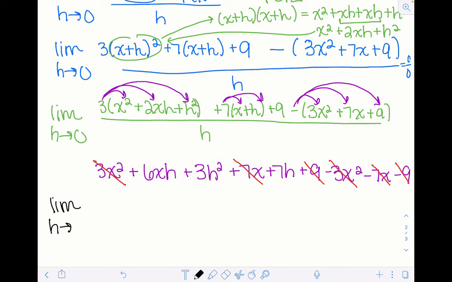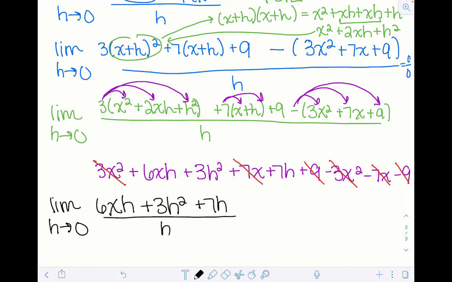Limit as h goes to 0. In the numerator I have 6xh plus 3h squared plus 7h all over h. So now that everything in the numerator has an h in it, I could actually think about factoring that out and then canceling it with the h in the denominator.